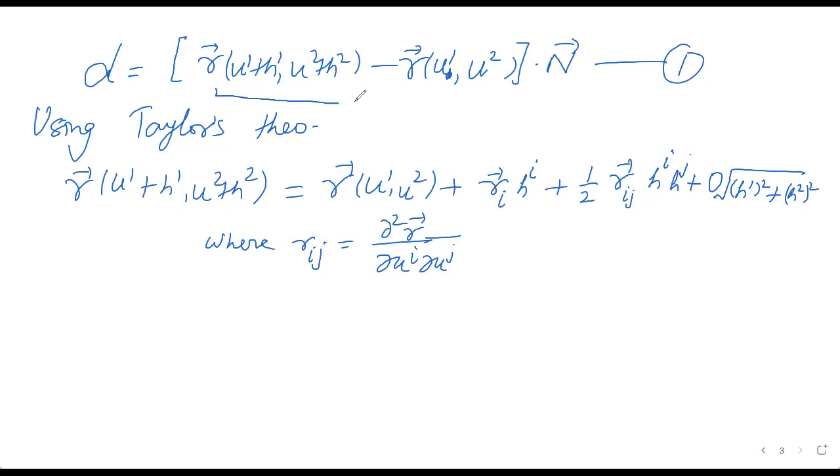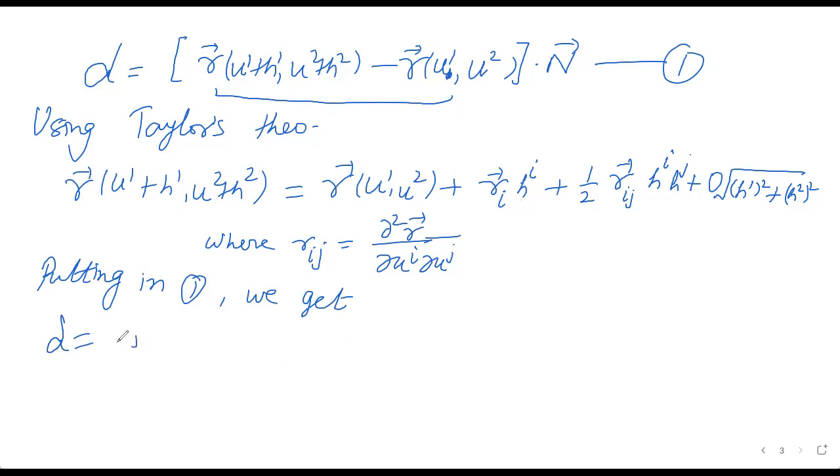What is the value of this? Putting in one, we get D is equal to Ri hi, it will start with Ri hi.